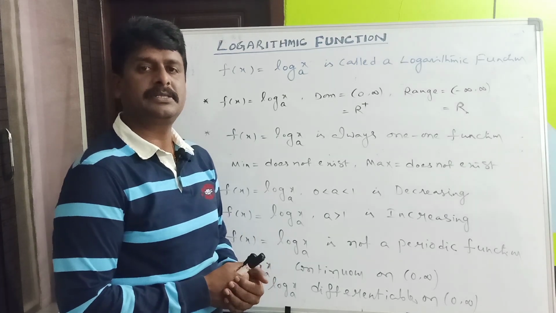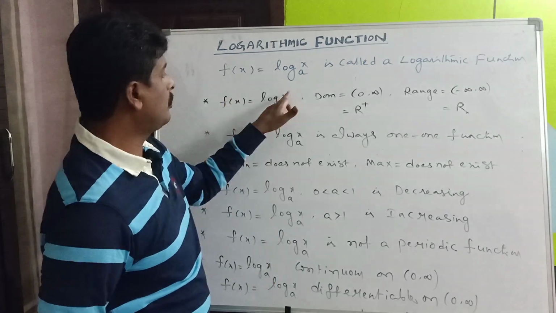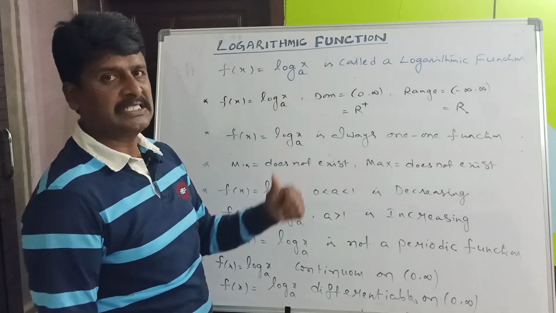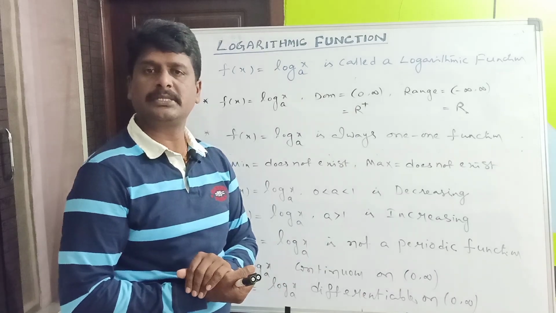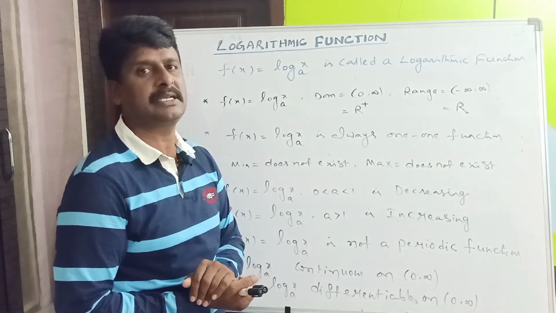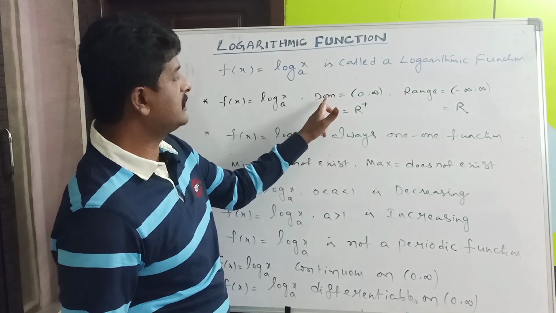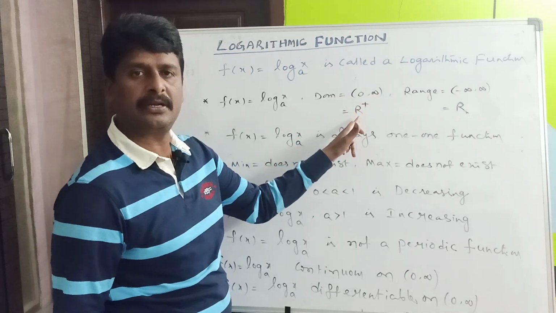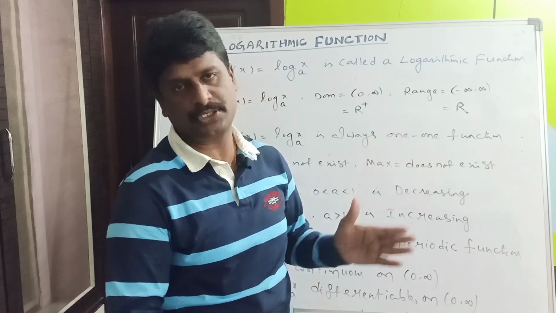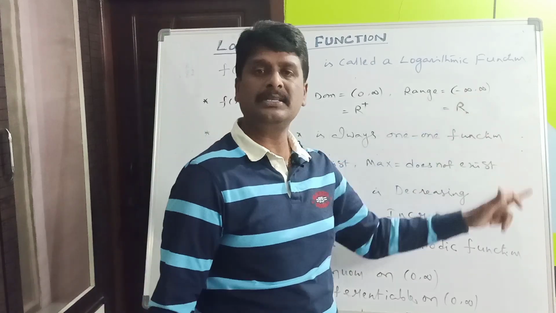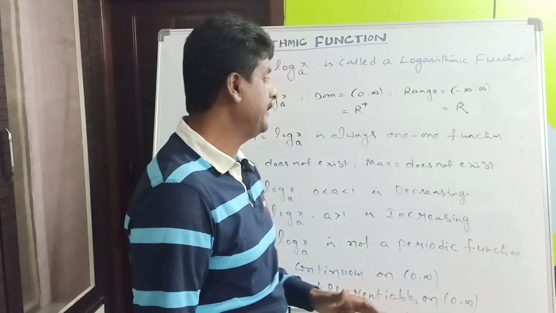See the properties. f of x is equal to log x base a. As we have seen through the graph, it is always defined only for values to the right side of the origin on the x-axis. That's why the domain is 0 to infinity. Range: there is no upper boundary, there is no lower boundary. That's why the range is minus infinity to plus infinity.